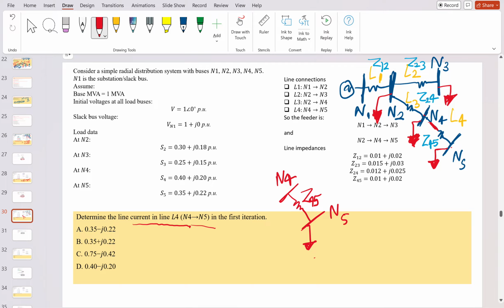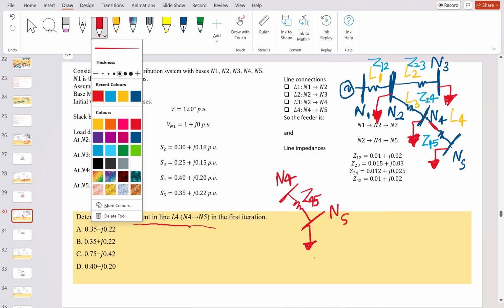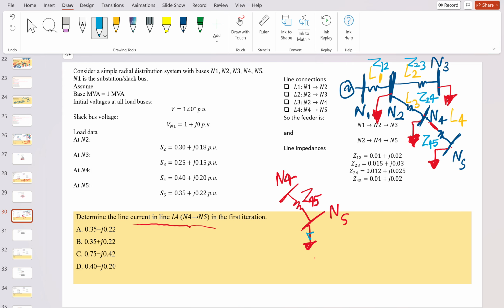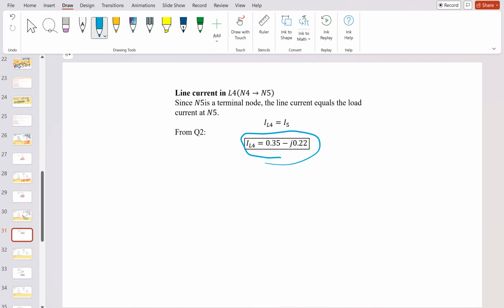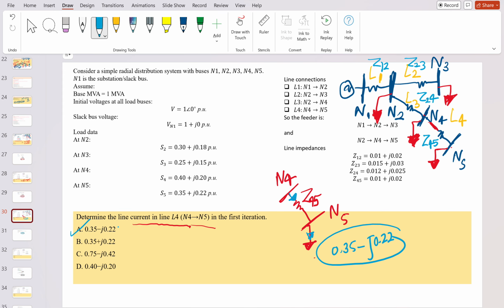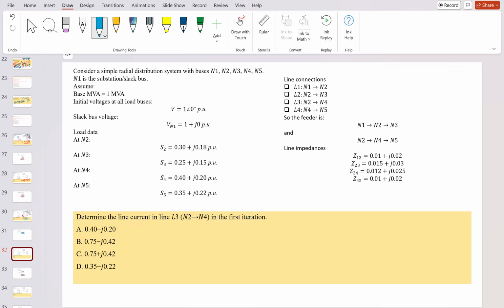The current flowing here is similar to the current flowing in the load, which was 0.35 minus j 0.22. So option A is actually correct, not the conjugate of that. Okay, try to solve this.